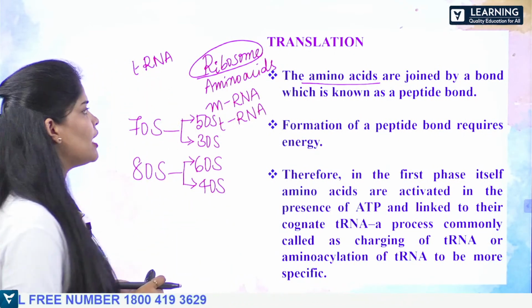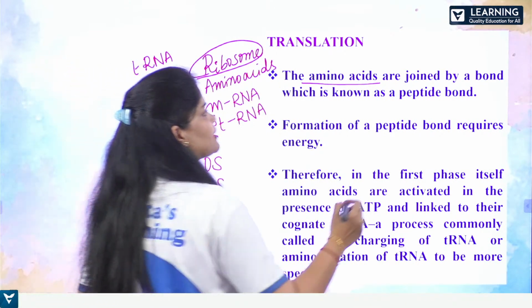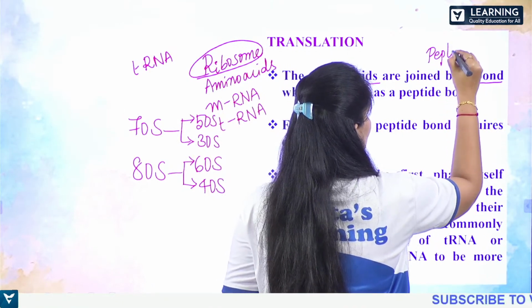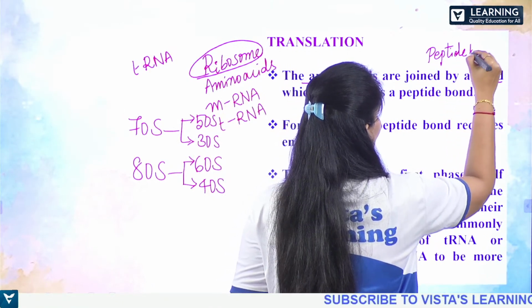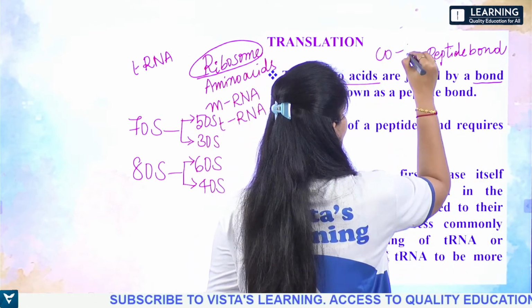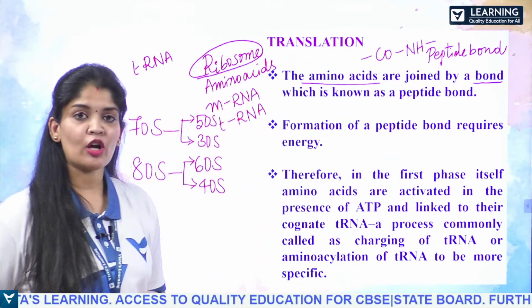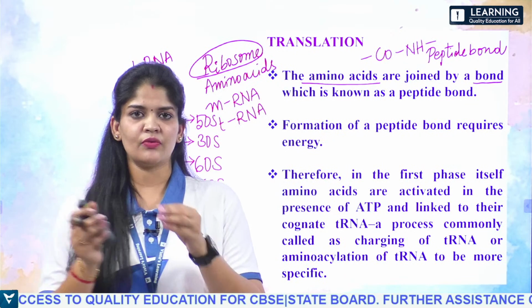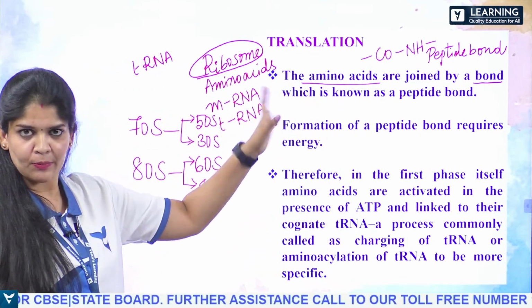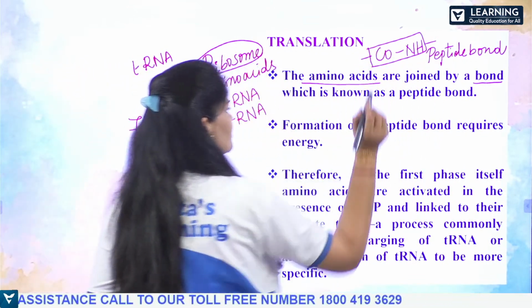Peptidyl transferase. Amino acids are joined by a bond called the peptide bond, that is CONH, which is formed by the carboxyl group of the first amino acid with the amino group of the second amino acid. As I already mentioned, the peptide bond is the CONH bond.